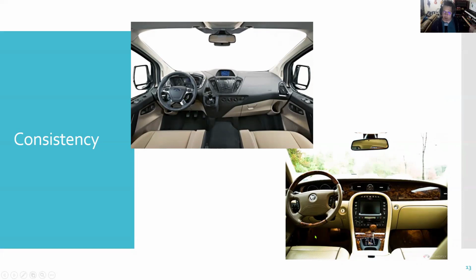So if you drive multiple different cars, when you have that moment where there's a near accident, you need things to be as naturally and quickly interpretable as possible. And if things are not where your instincts want them to be in terms of where you would look for information, then that can be really disruptive.